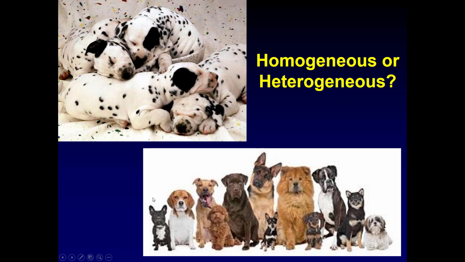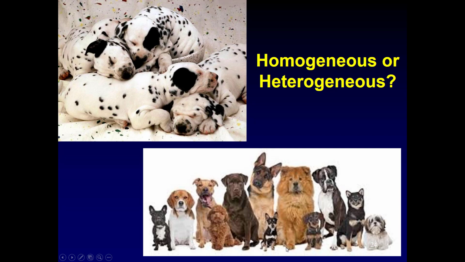But I want to remind everyone, when we're talking about measures of variability, it's how homogeneous or heterogeneous a data set is. It's obvious from looking at these pictures of dogs that these are all very spread out. For example, let us say that we measure the heights of these dogs. This is a very heterogeneous, very variable group.